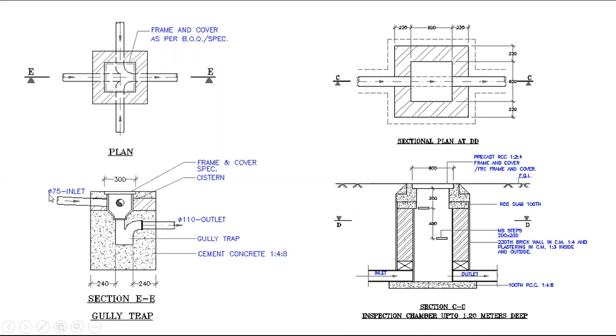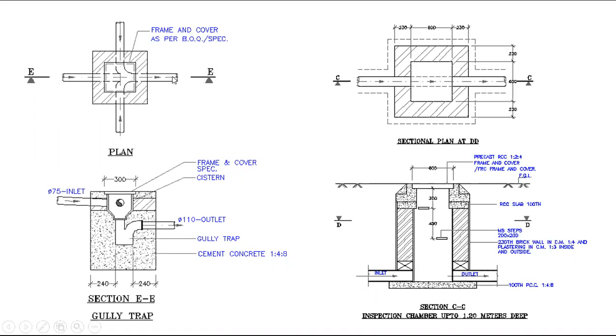We will connect a 75 mm waste inlet into the gully trap, from different directions: top, bottom and left side, sometimes inclined also. Three directions are connected as inlets, and one direction outlet will go and connect into the inspection chamber. In the double pipe system, we will connect waste pipe only in the gully trap.